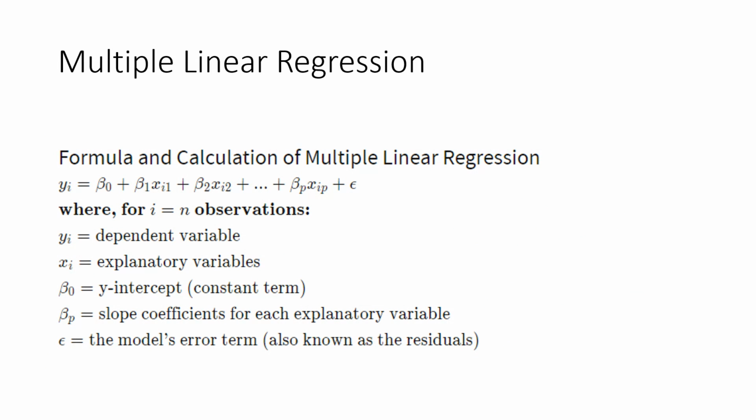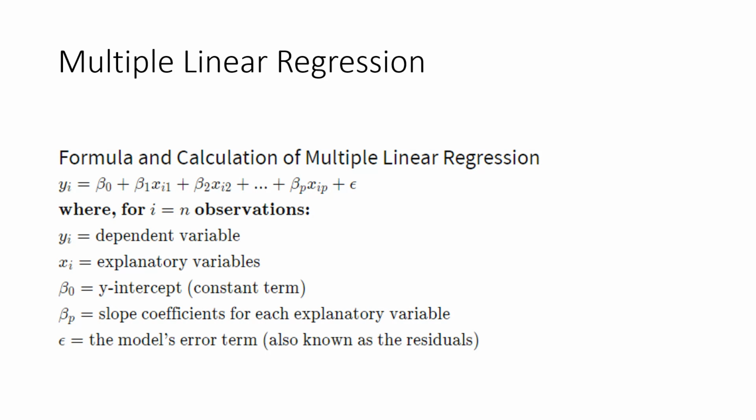So the formula and the calculation of the multiple linear regression is: y sub i is equal to beta sub 0 plus beta sub 1 times x sub i1 plus beta sub 2 times x sub i2 plus so on plus beta sub p times x sub ip, plus error.